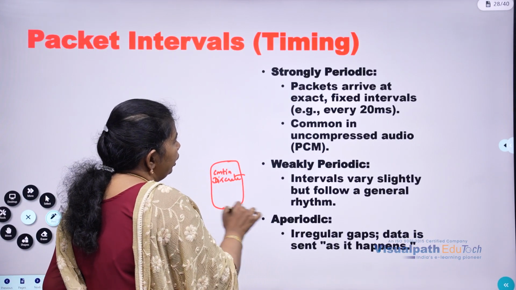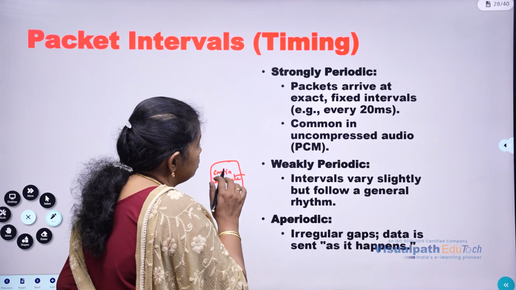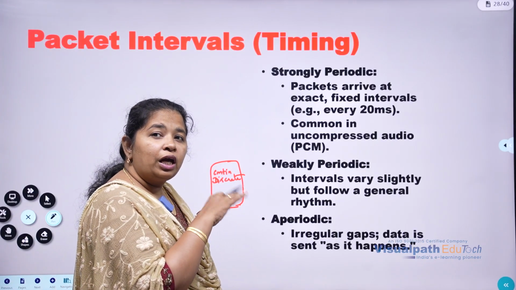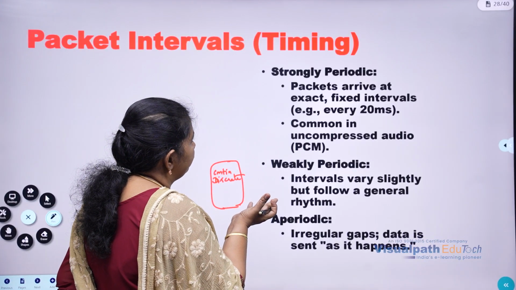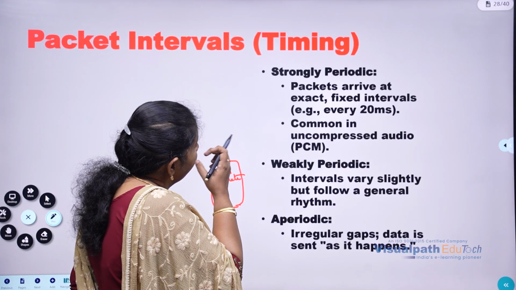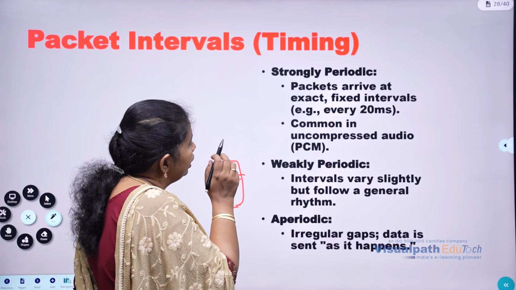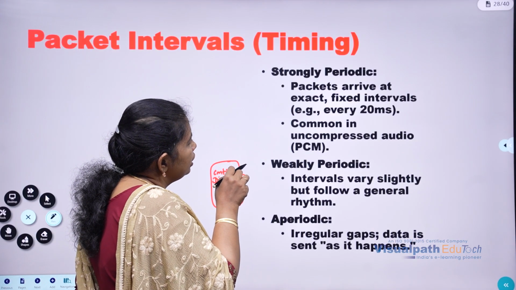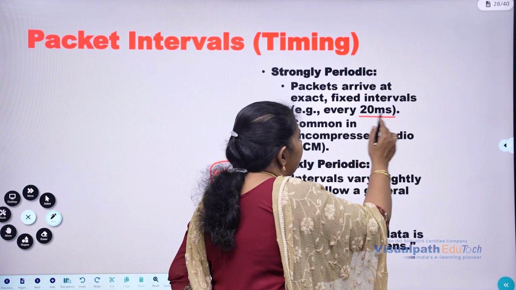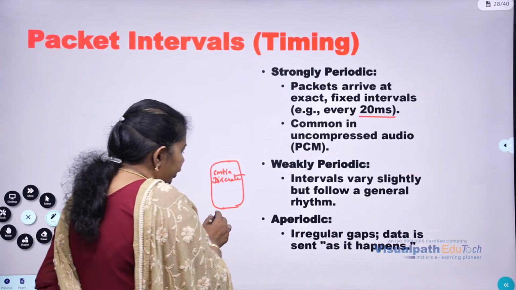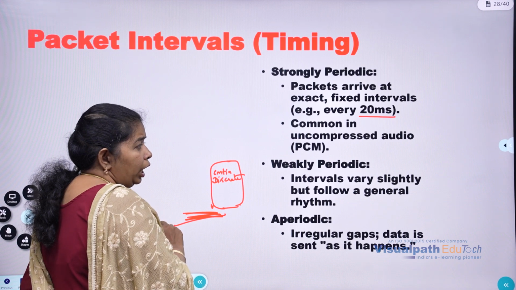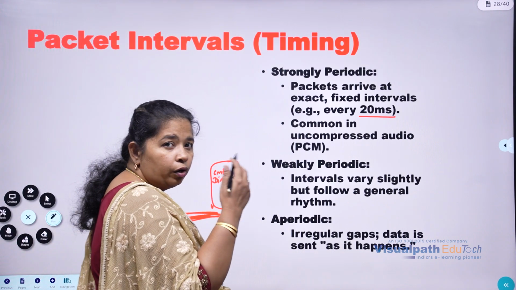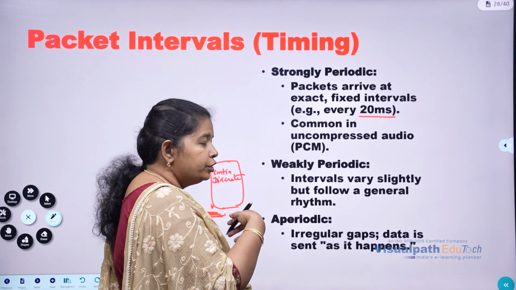So for this packet, how much space it takes and how much timeline it will reach, all those intervals we need to calculate, right? Strongly periodic means the packets arrive at exact fixed intervals. For example, every 20 milliseconds, each and every 20 milliseconds this packet will be sent continuously until the video or audio, whatever we are sending, reaches the destination.